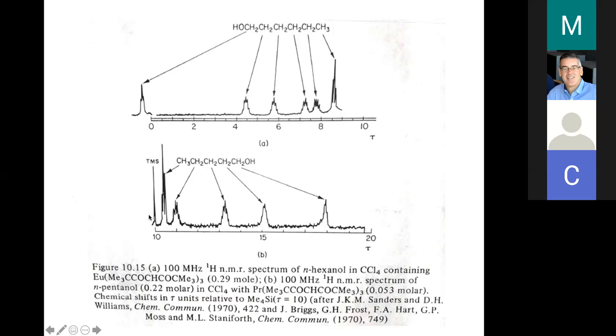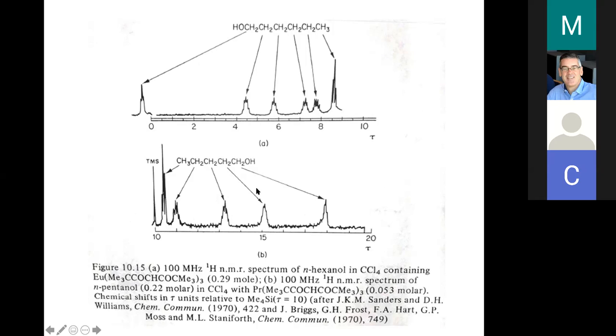And then, instead of N-hexanol, the lower spectrum is N-pentanol, also in tetrachloromethane. But this is using a praseodymium contrast agent. And this shifts to a different region of the chemical shift space. But again, the same idea.